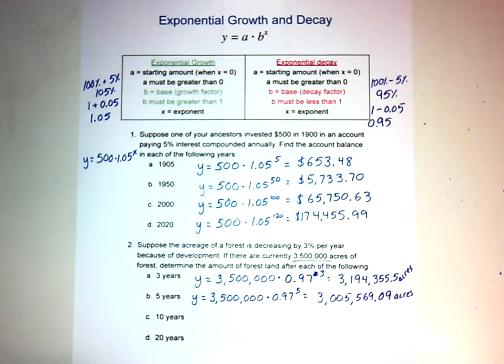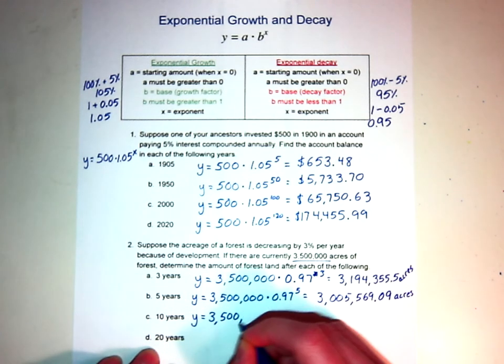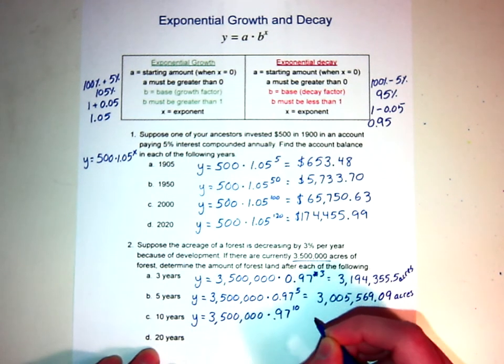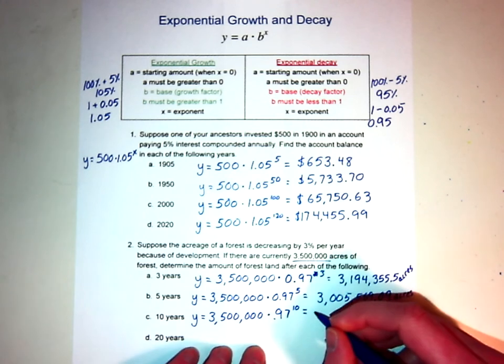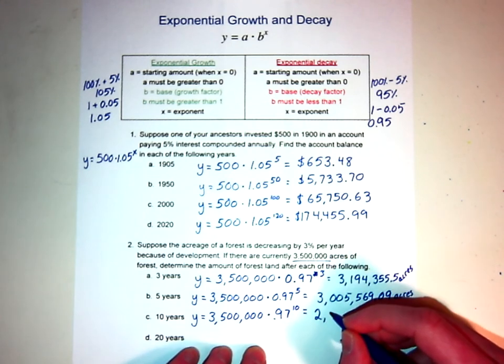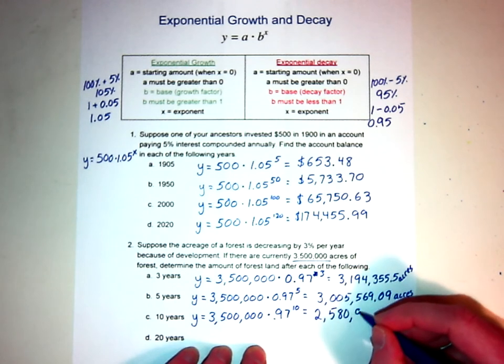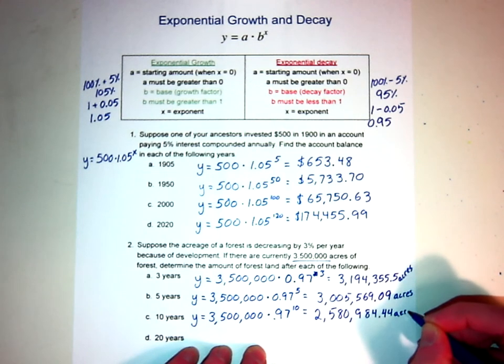Let's do it to the 10th. So we do the same formula. 3,500,000 multiplied by 0.97 to the 10th power. It's going to get us, and we see it's starting to really decrease. 2,580,984, and we're going to do again the hundredths for acres.